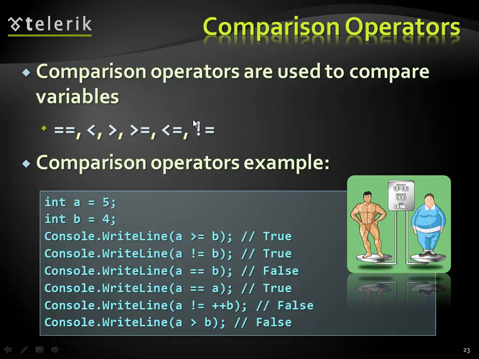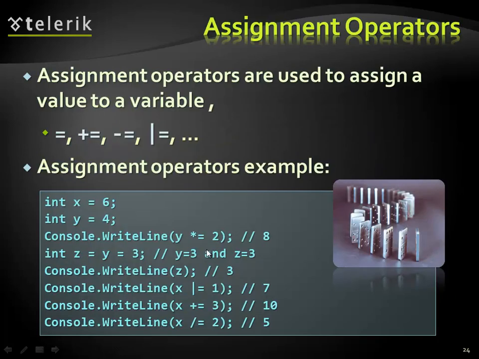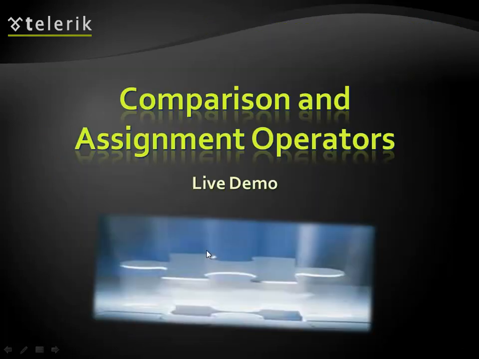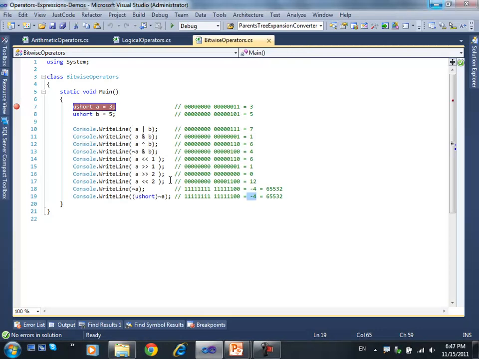And this exclamation point again denotes not. So in this case as well, we're checking whether two values are not equal to each other. So let's see it again in Visual Studio.